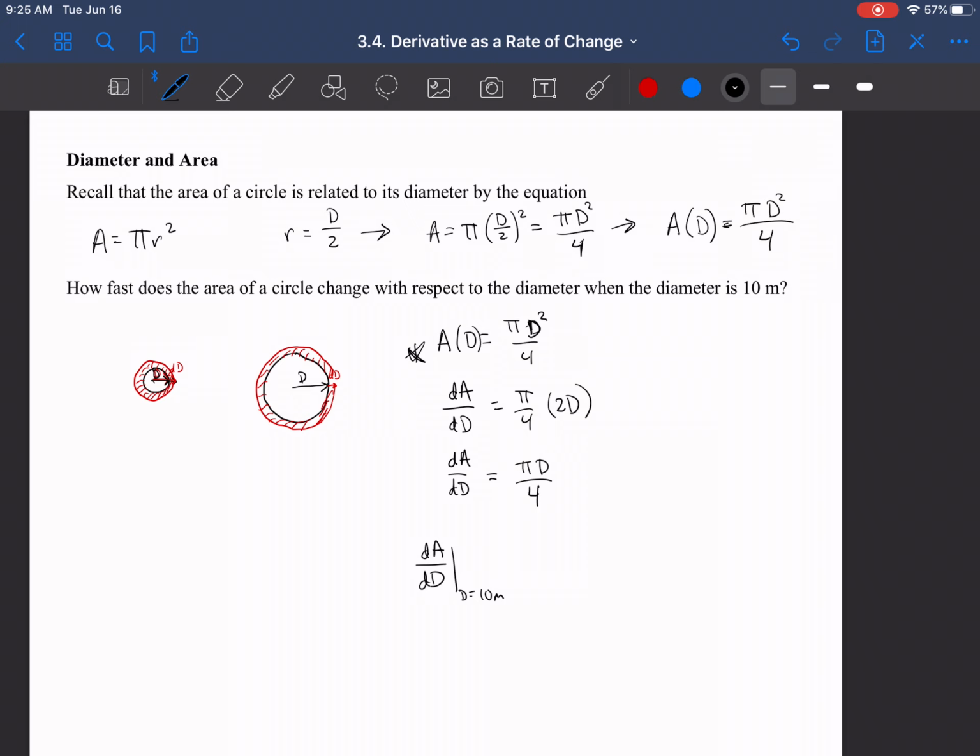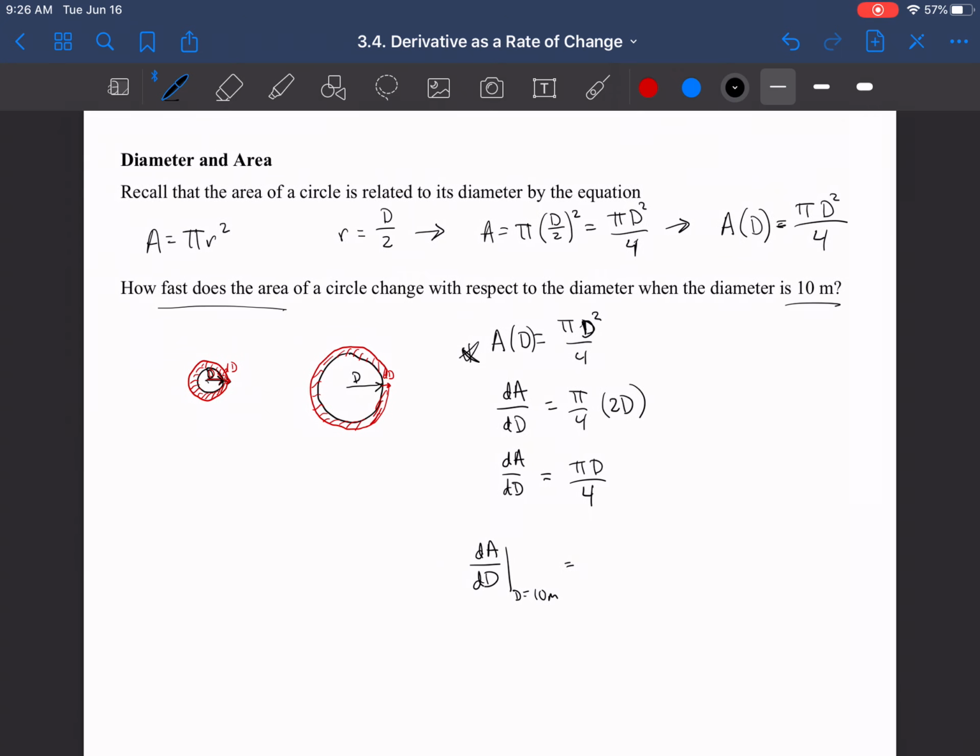We can then take this dA/dd and evaluate it at d equals 10 meters, because that's what it asked us for. How fast does the area of the circle change when the diameter is 10 meters? Sorry, I wrote 4 again. That should be pi d over 2, because the 2 cancels with one of the 2's from the 4.